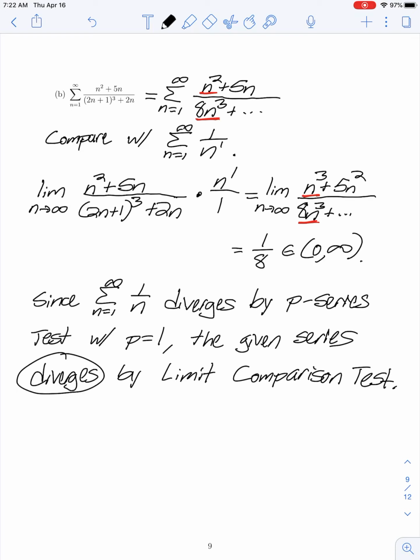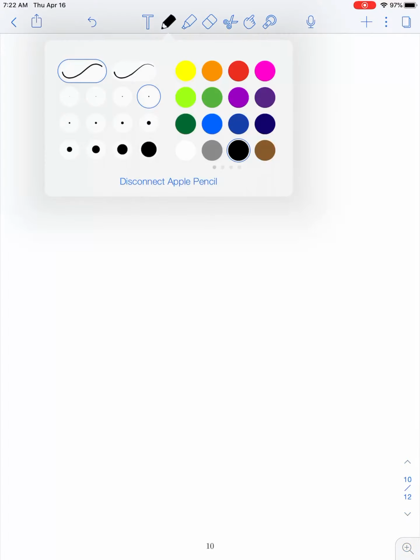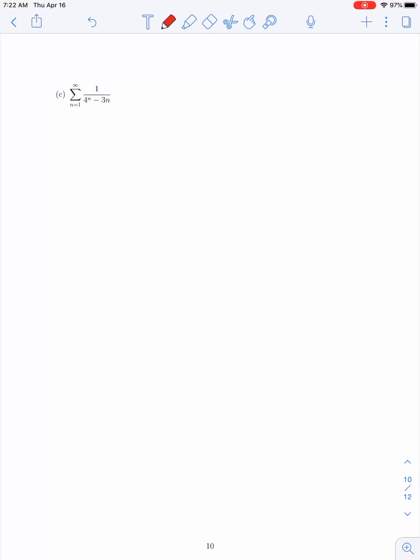All right, so let's look at some other ones. In this next example, we have the sum from 1 to infinity of 1 over 4 to the nth minus 3n. So here we could maybe initially try a direct comparison. We see that this is sort of similar to a geometric series, 1 over 4 to the nth, but we're subtracting 3n in the denominator.